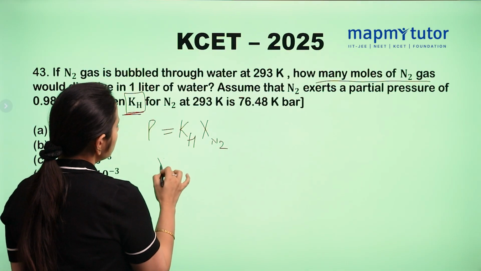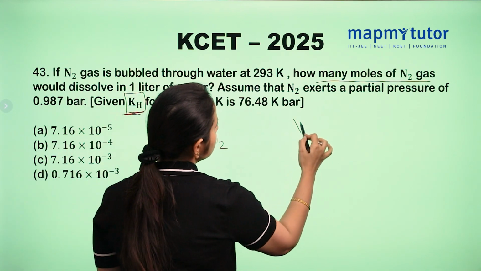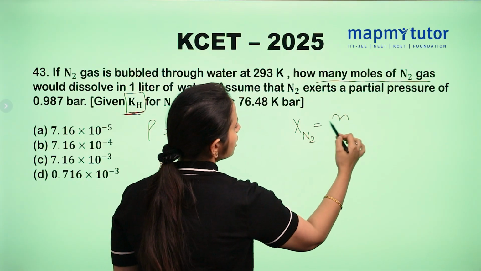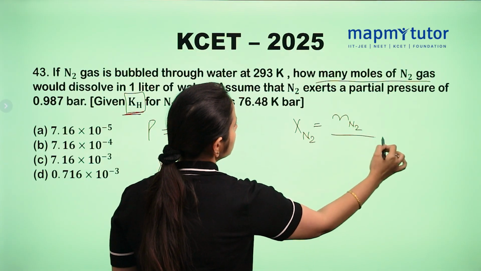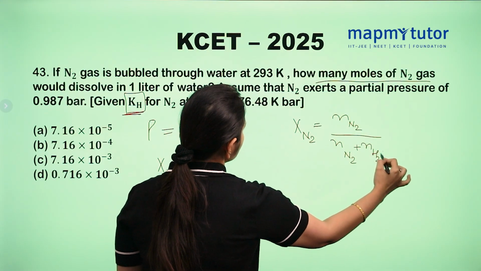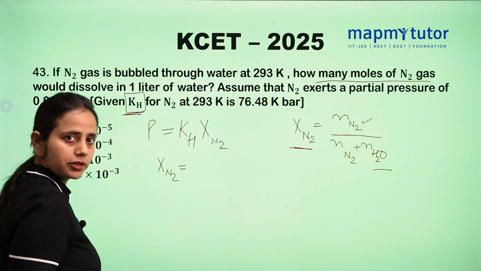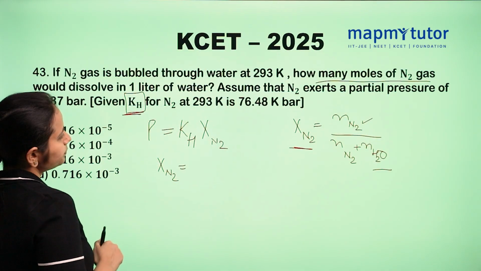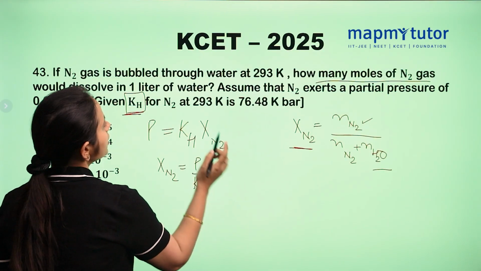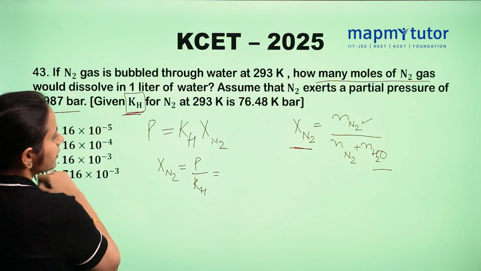We need to calculate the mole fraction first, because from mole fraction, we can calculate the number of moles, right? X of N2, this is mole fraction. This is the number of moles of nitrogen over the number of moles of nitrogen plus the number of moles of water. If we calculate these two terms, we can calculate the number of moles of nitrogen. Very simple. See, pressure over Kh. Now, what is the value of pressure here? It is 0.987.